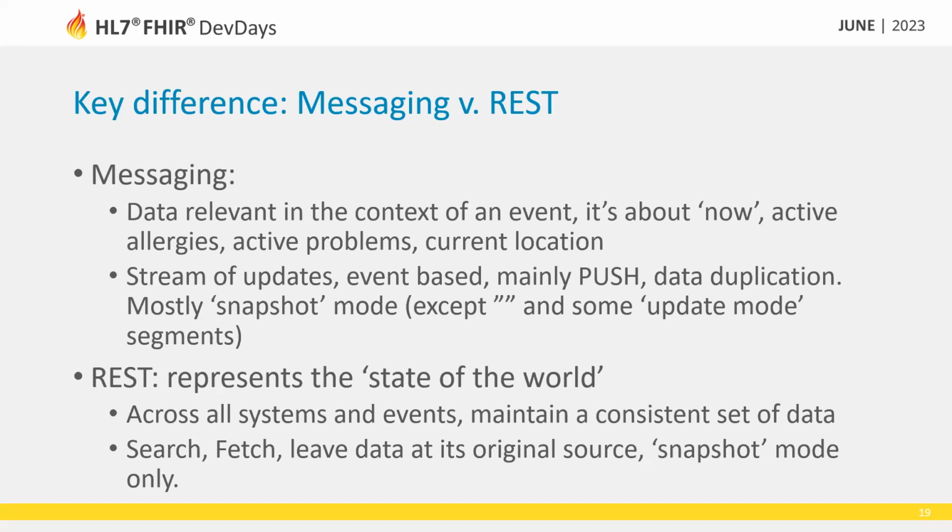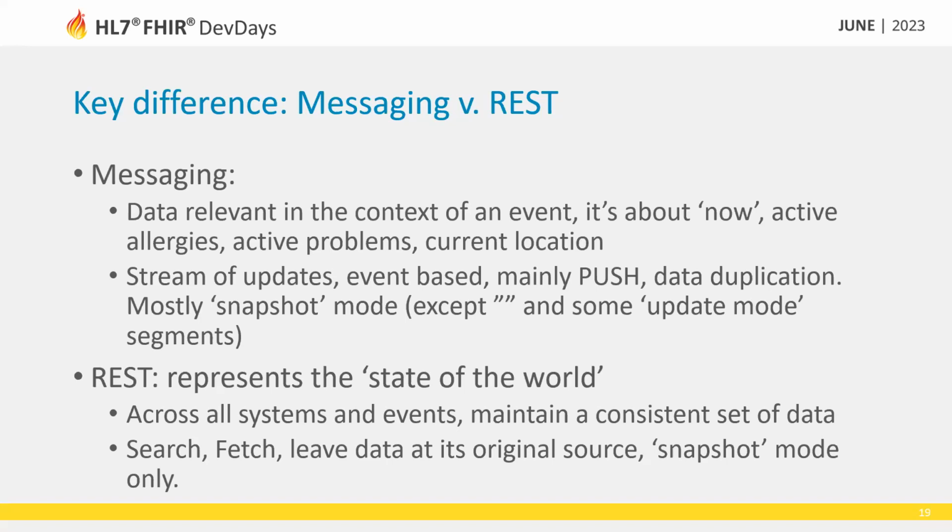Because some of the other concepts like segments and resources, etc., are pretty well aligned. Data types are more or less the same. So it's pretty intuitive for people who know version 2 to move to FHIR. It's not that difficult. But to move from the messaging way of thinking to a RESTful way of data exchange, that's the fundamental difference here. That's where most of the problems lie if you try to do a side-by-side comparison.